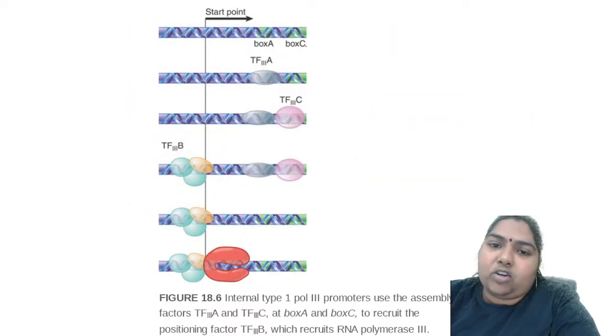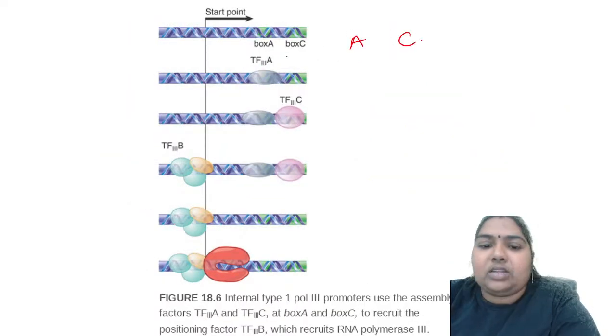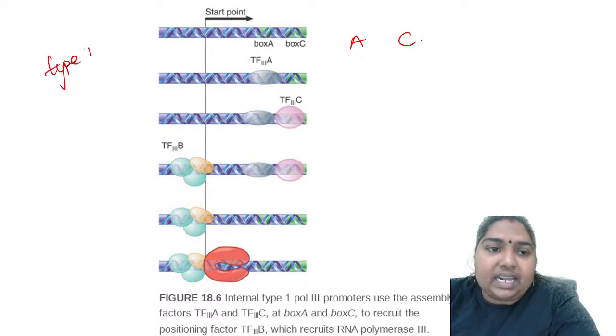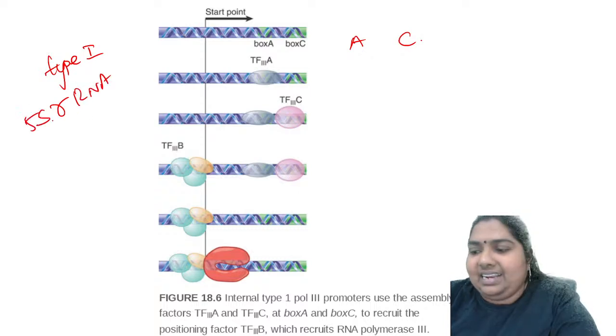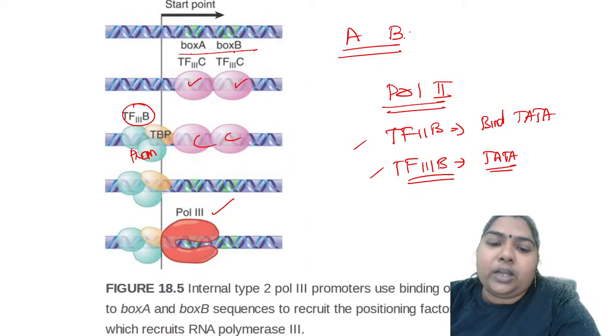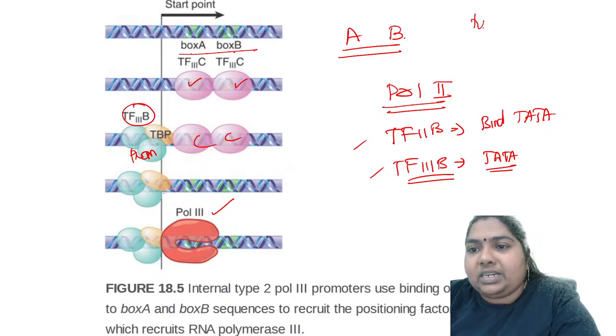Likewise, if you take your box AC, that is going to be your next type. That is type 1, so type 1 is for 5S rRNA. And type 2 is for tRNA.